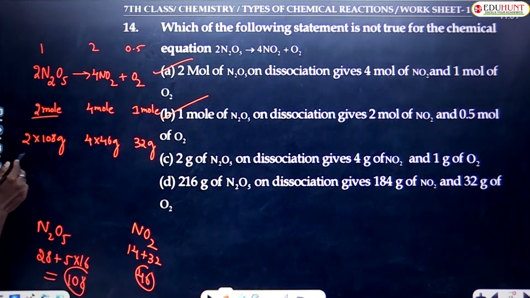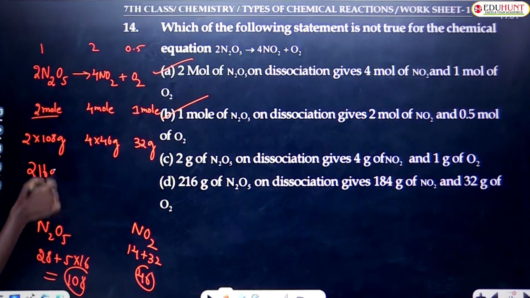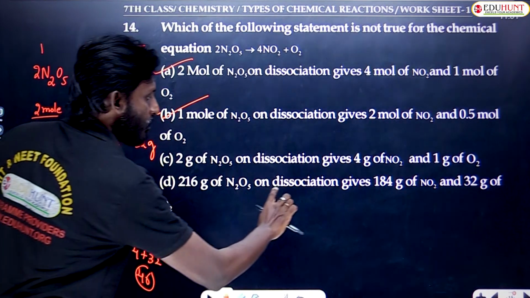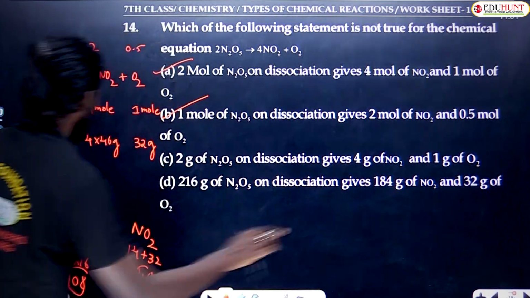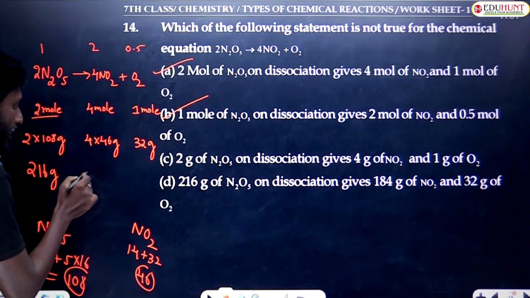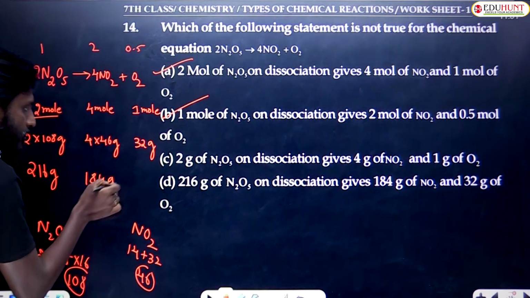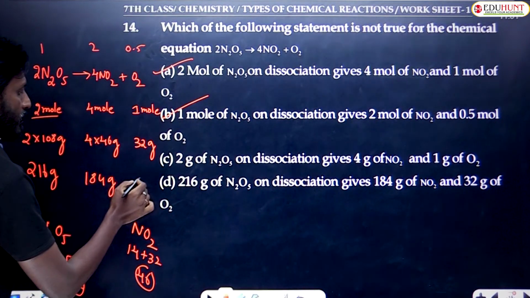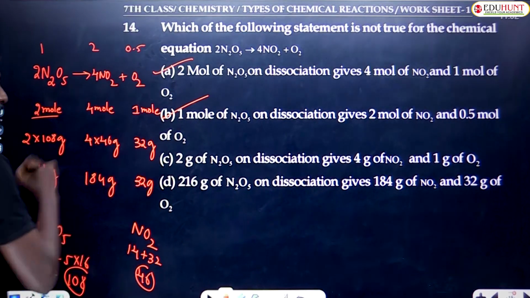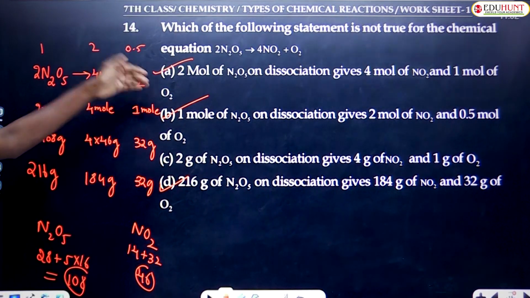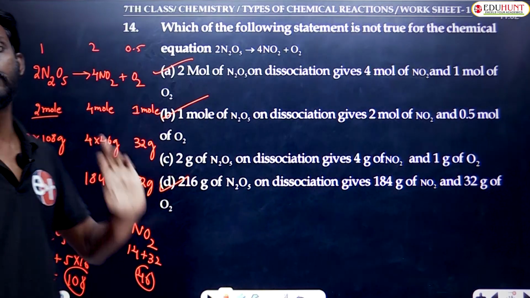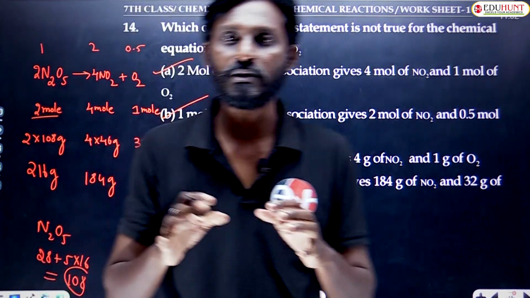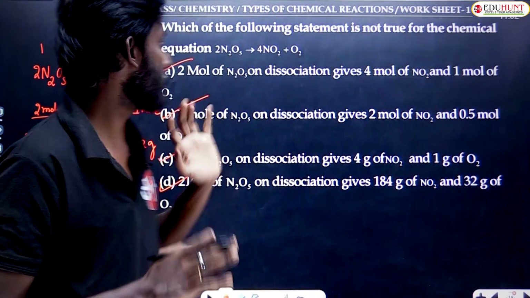So 2 into 108 is 216 grams. 216 grams of N2O5 on dissociation gives 184 grams, 4 into 46, it is 184, 184 grams of NO2 and 32 grams of oxygen. So that is also correct. So A, B, D are correct. C is wrong. Okay. For this you need a little bit of an idea of mole concept. Don't worry. So that's why I explained.